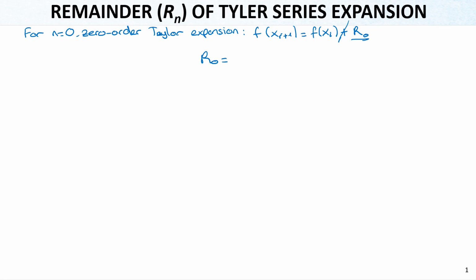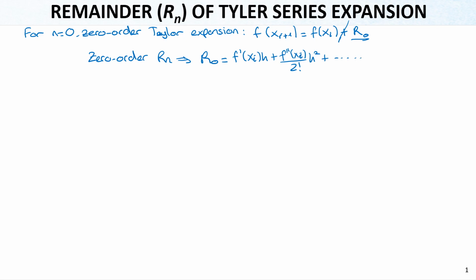R0 is, let me write, the 0 order Rn is R0, and we calculate it with the remaining terms, which has the first term, including the derivative and step size, plus the second term, the second derivative, 2 factorial, and h square, and it goes this way up to the nth term or infinity.